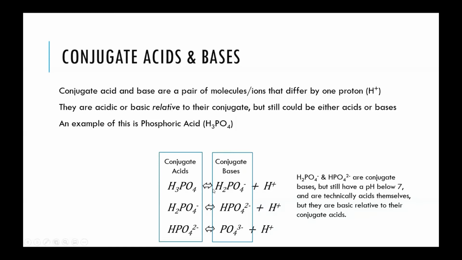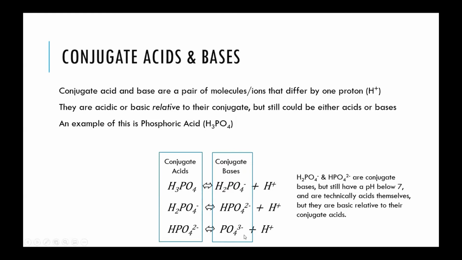And this conjugate base still has 2 protons. So it can be an acid and a conjugate acid relative to its conjugate base of HPO4 2 minus, which can then itself be a conjugate acid to the conjugate base of PO4 3 minus.